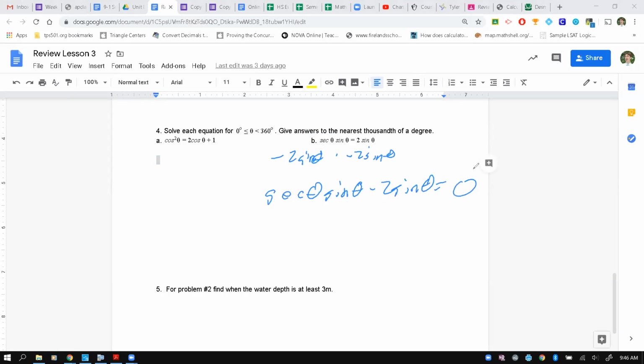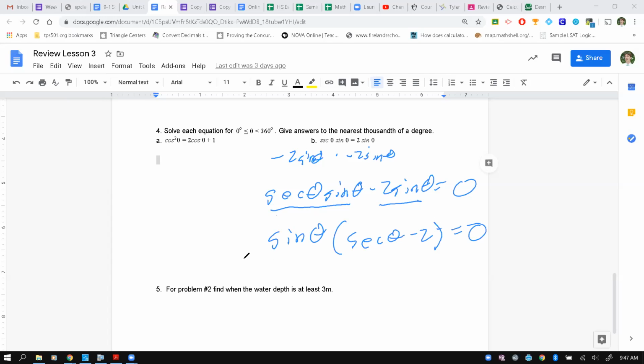Okay, and this is not a quadratic form, so you're going to solve it by factoring it. Notice that these two have a common term, sine of theta. So you can factor that out, and what you'd be left with is secant theta minus 2.